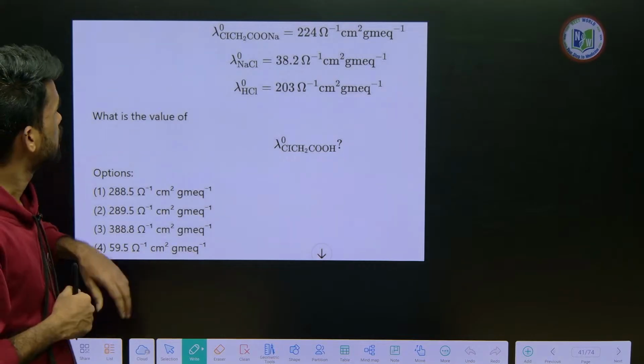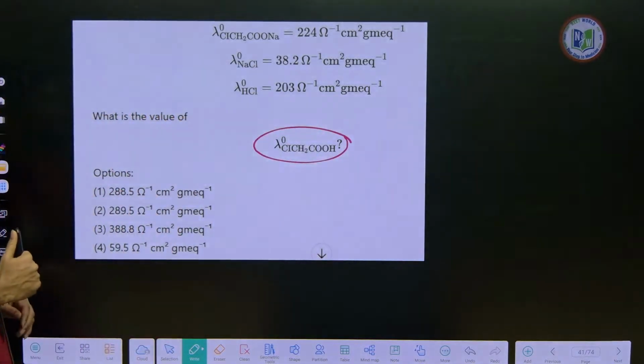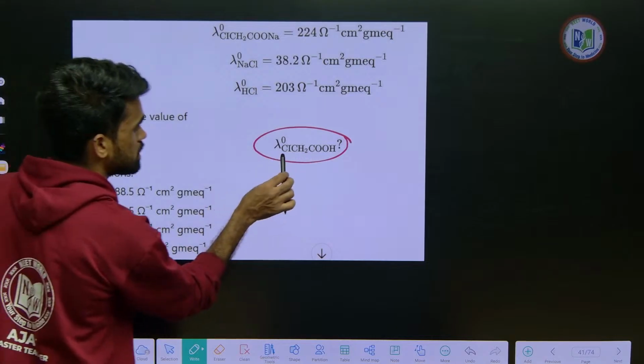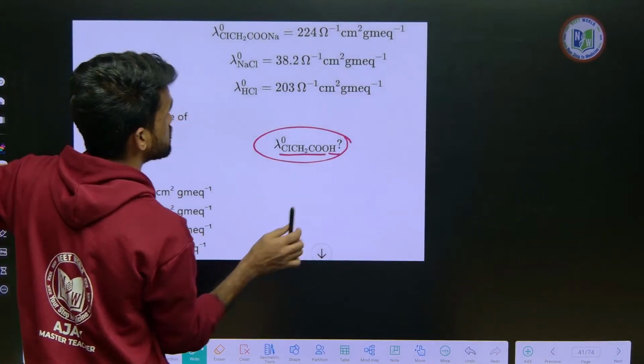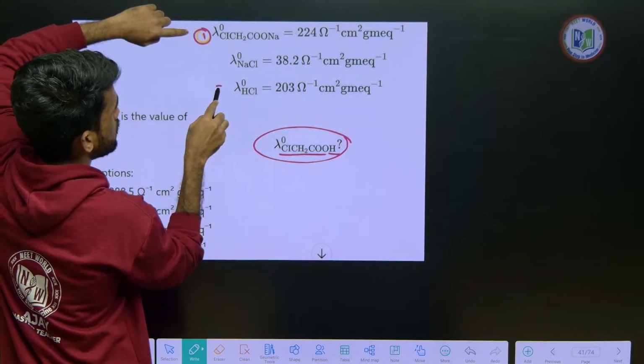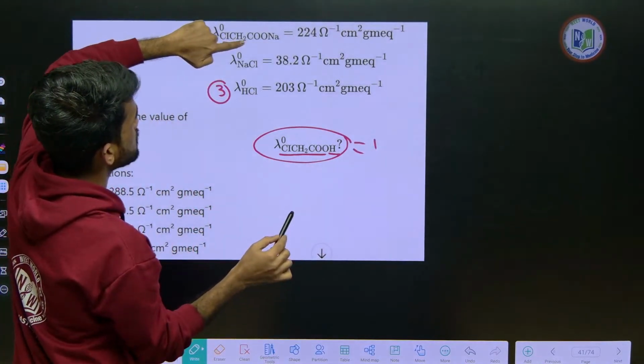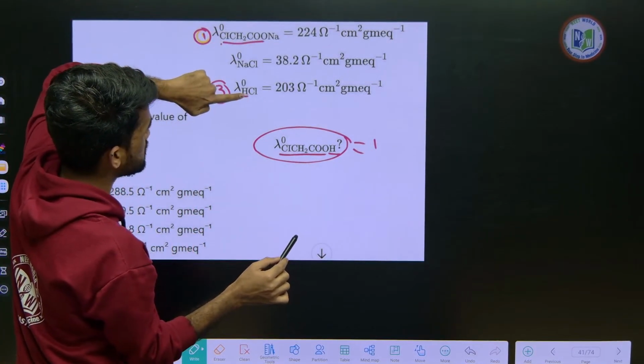What happens? I want to get the limiting molar conductivity of this acid. So what to add, what to subtract? I want this acid, like this anion and H plus. So add 1 plus 3, because the anion is coming from here and the cation H plus is coming from here.